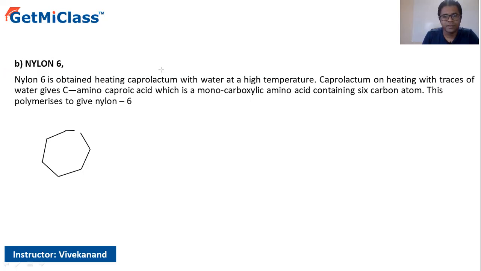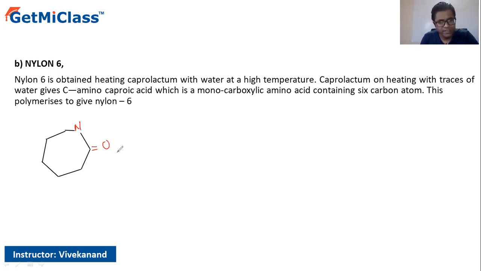So we'll use nitrogen now. We'll place our nitrogen over here. So this is nitrogen and this is a double bond O, right? So 1, 2, 3, 4, 5, and 6. So we have the 6 carbon system over here.